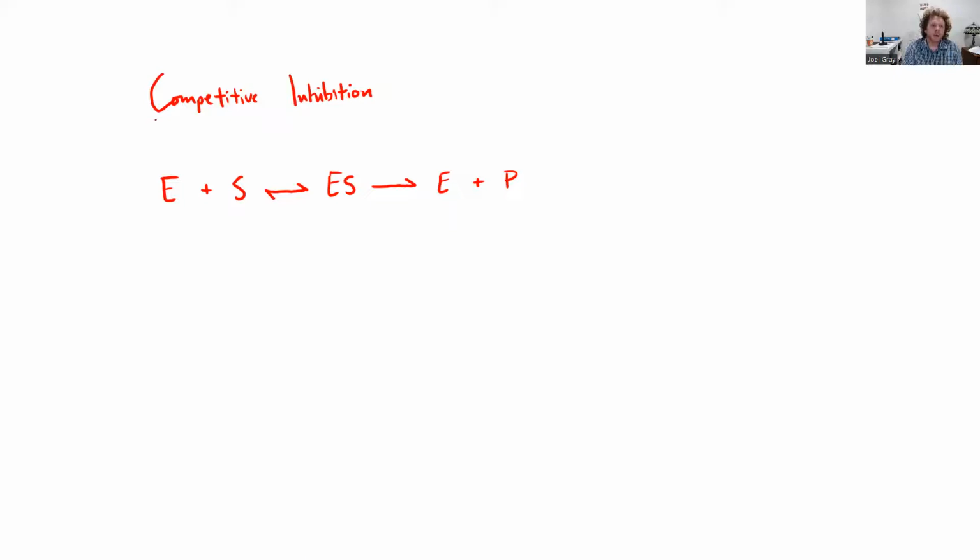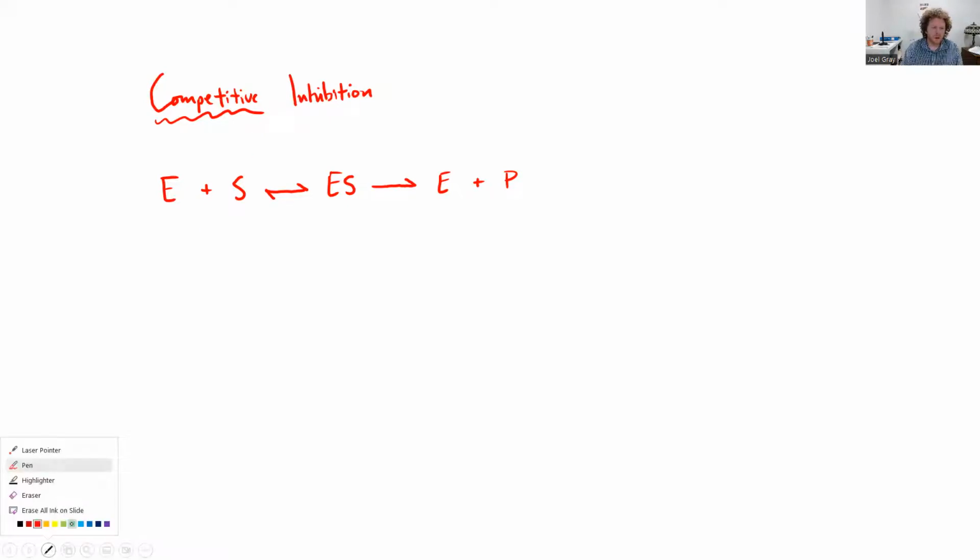Well, a competitive inhibitor, I like that word competitive. It's going to see the opportunity to disrupt this whole system, and the way that it's going to do it is by competing against the natural substrate.